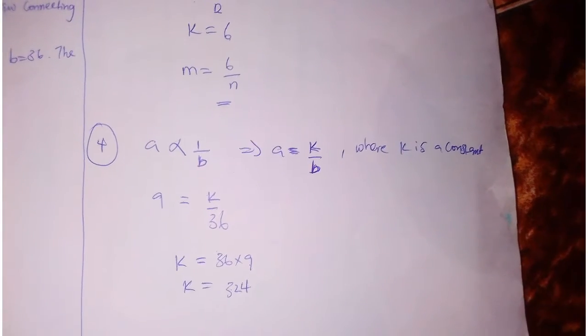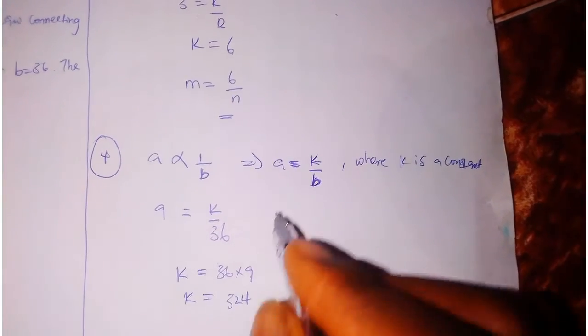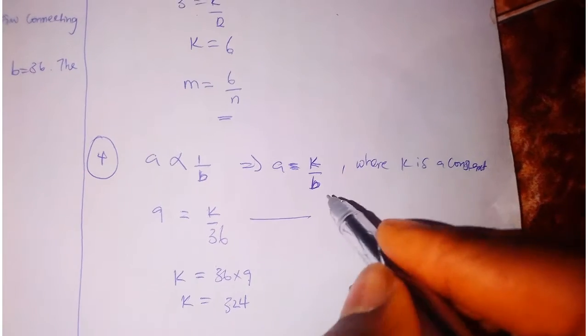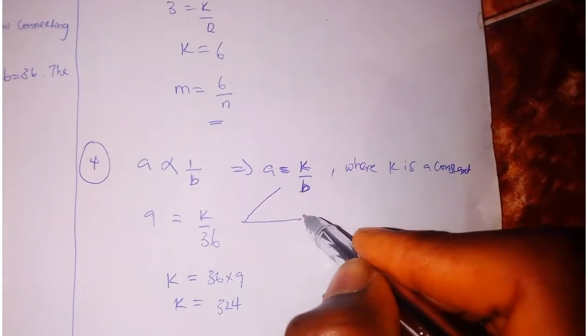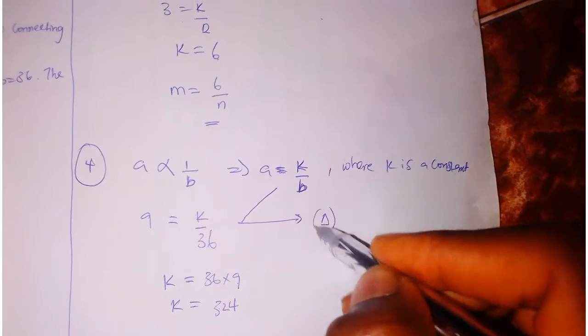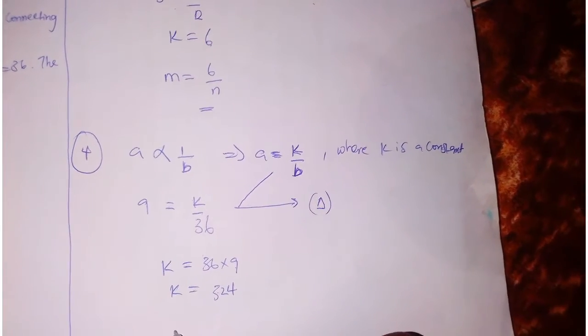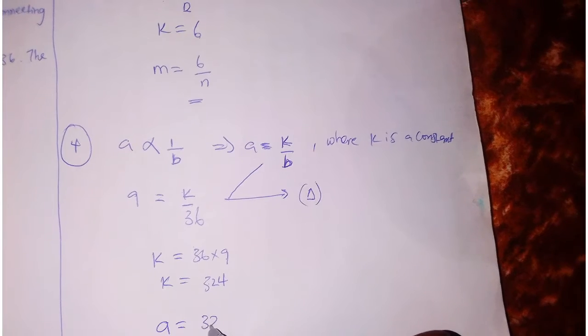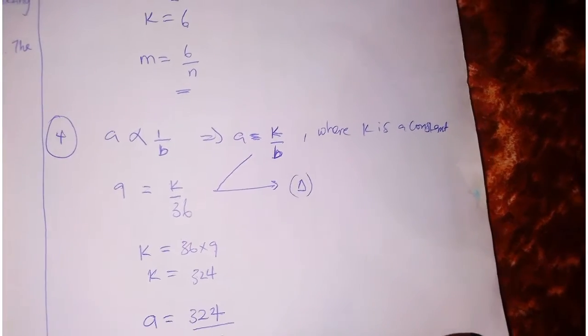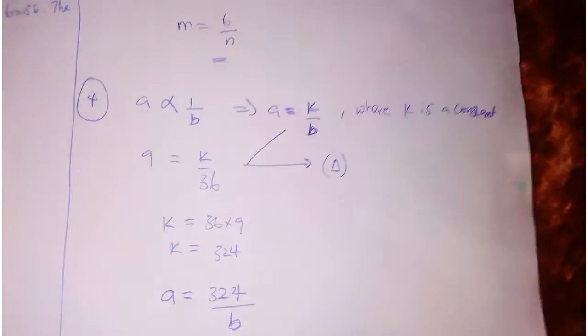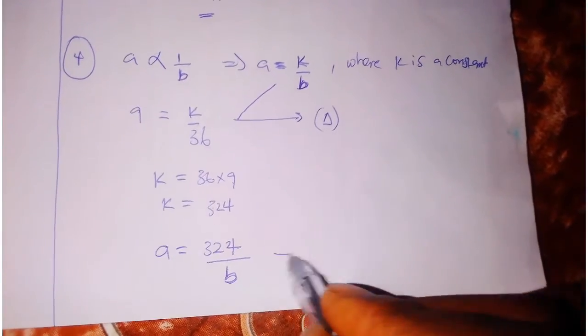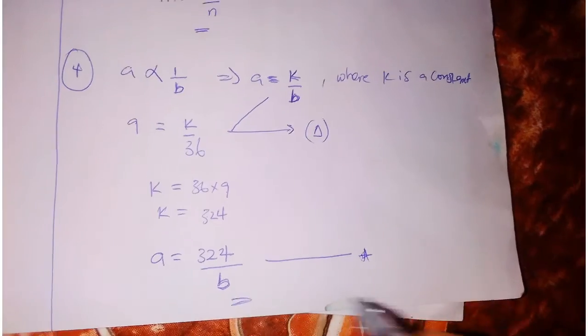Okay, so now to get my formula connecting A and B together is by putting my K value into this equation itself, which I will call triangle. So in that case, I'm going to have A equals 324 all over B, which gives me my formula connecting A and B together. And this is my final answer.